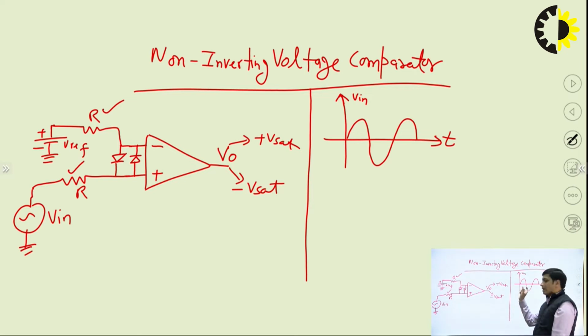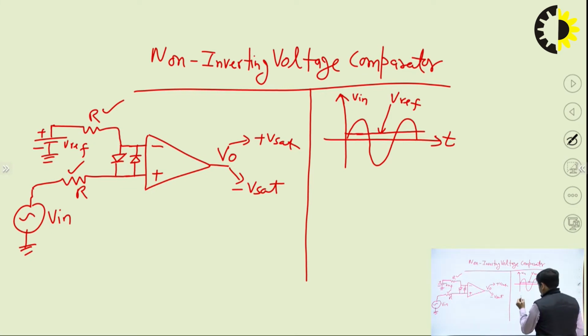The magnitude of this sine wave will be compared with the inverting terminal voltage, and at the inverting terminal we have applied a V reference voltage, that is the DC voltage. So obviously it will be a horizontal line, constant, and this is V reference that is applied at the inverting terminal. So I have drawn both the signals applied at the inverting and non-inverting terminals.